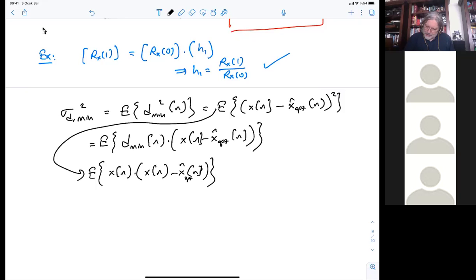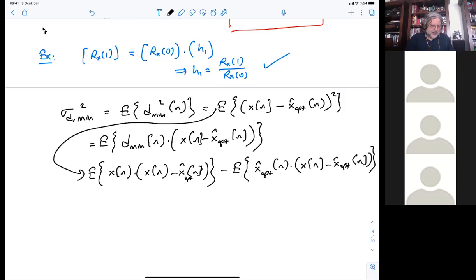and minus expected value of x hat optimum of n times x of n minus x hat optimum of n. Okay, so this is the first thing that I want to write.